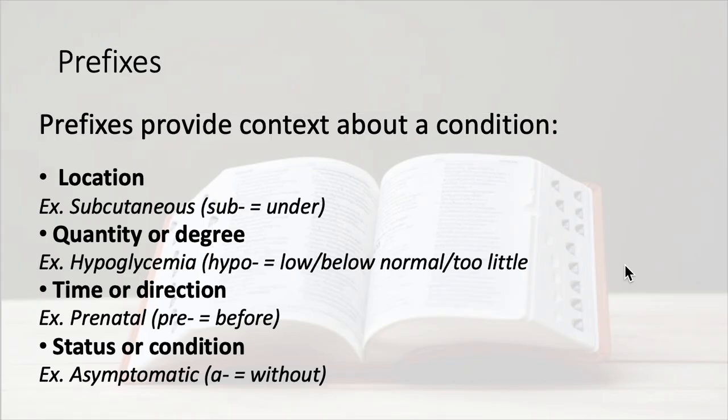Something to note with hypo, and you'll see this for multiple prefixes, and I'll point these out as they come along, but there are certain prefixes that can point to both a quantity or degree, but also provide some location information. So in the example of hypoglycemia, hypo is relating to a quantity, right? So low blood sugar, or below normal, or too little.